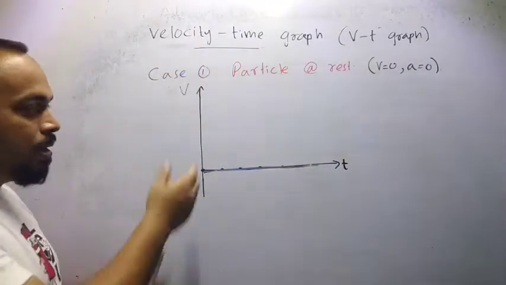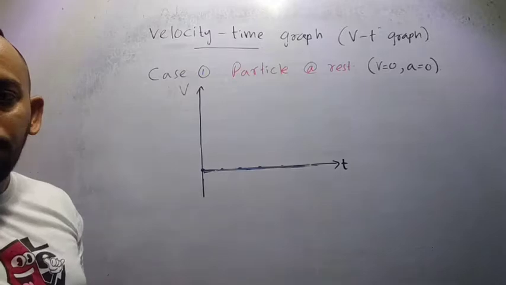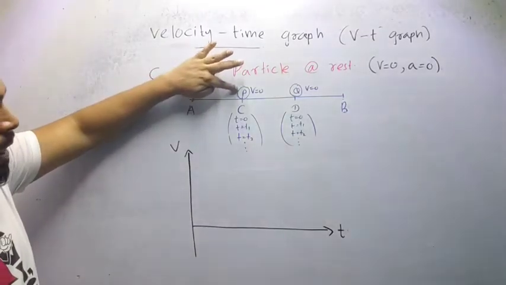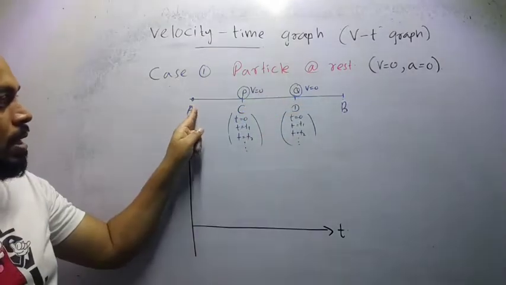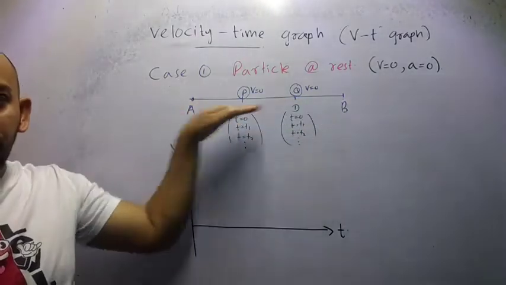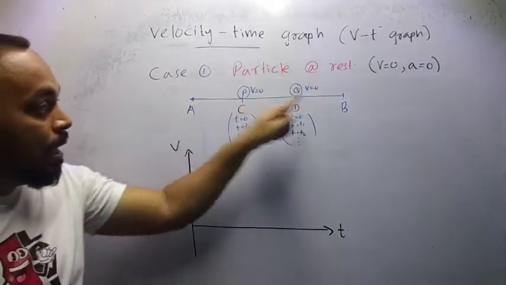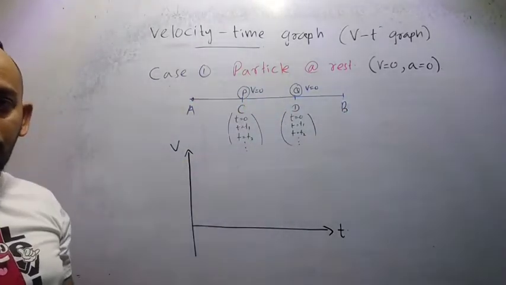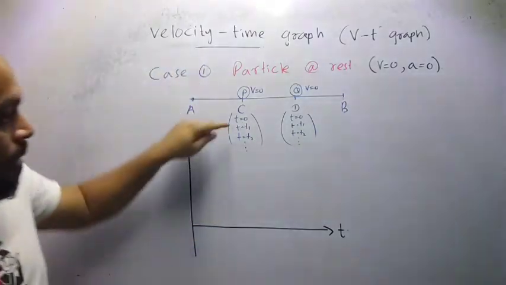Now we'll look at an example of a two particle problem. You can see we have two particles P and Q at locations C and D. This is A and B. Now this is a line. Imagine this is a real picture. You have point A and point B. At points C and D, you have P and Q respectively. Notice here the velocity of the particle is 0 at t equals 0.